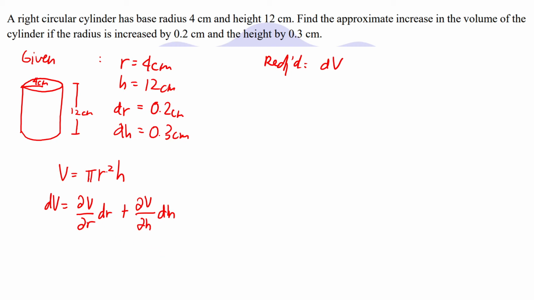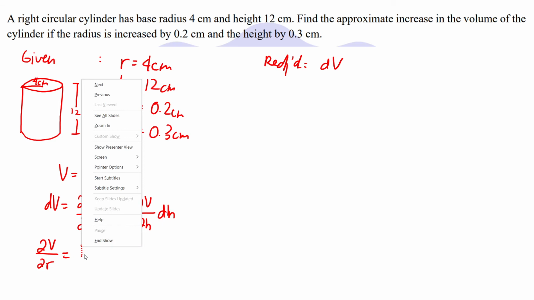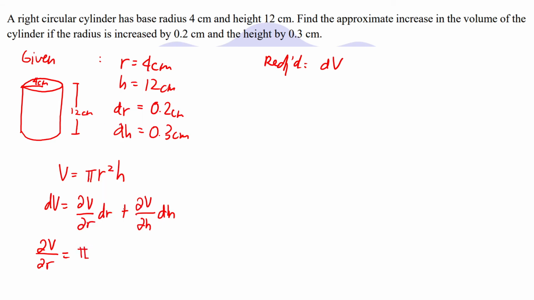So, in this case, you look at your variables. You have two variables, meaning you will have two terms. So, take the partial of your function with respect to each variable, then add d of that variable. So let's get the partial of V with respect to r. That will be pi, everything except r is a constant, so take out pi h, times 2r. 2 pi r h.